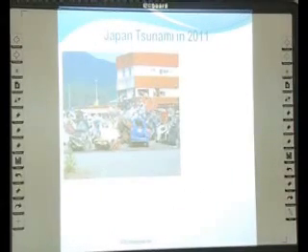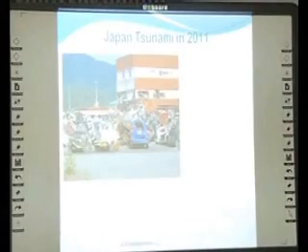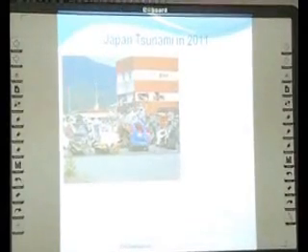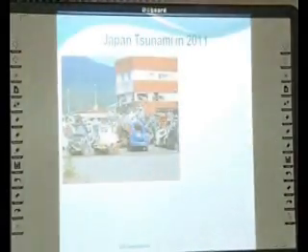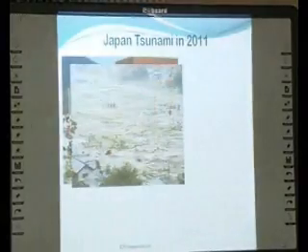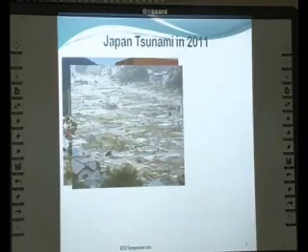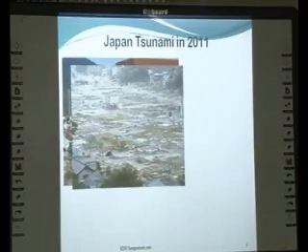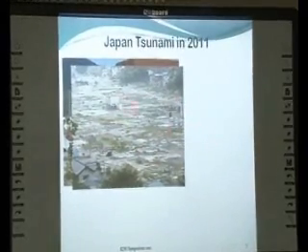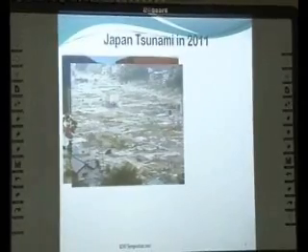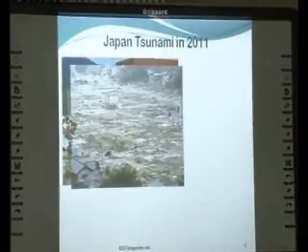And very recently we experienced another tsunami in Japan in 2011, last year. At that time, Japanese people also experienced severe damages. These are some of the remains after the tsunami. You can find here that earlier there was a village, but the entire village was washed out due to the tsunami, and now we can see a few buildings remaining.